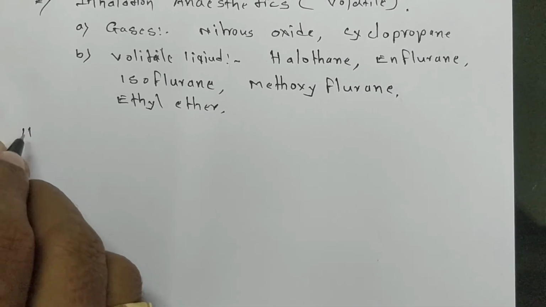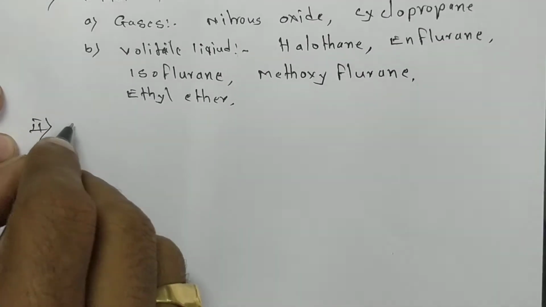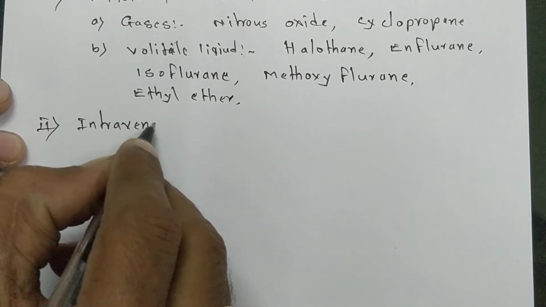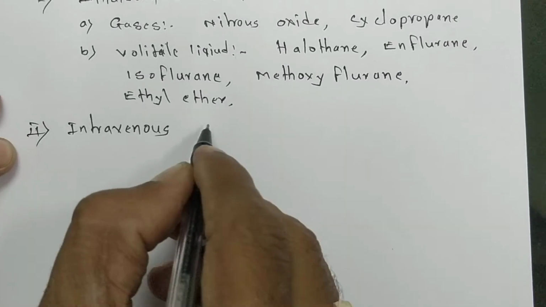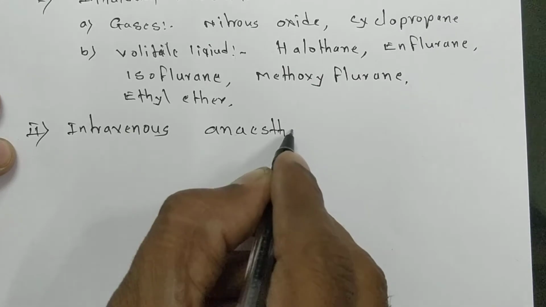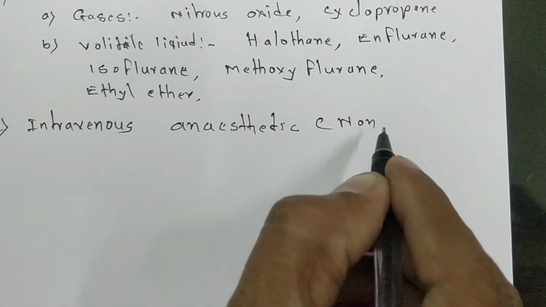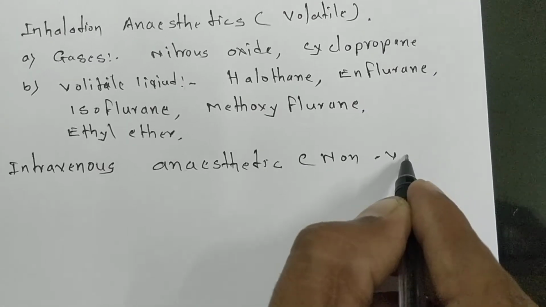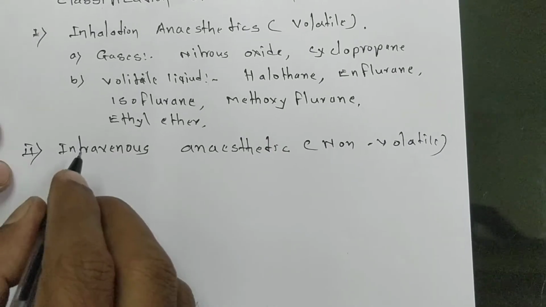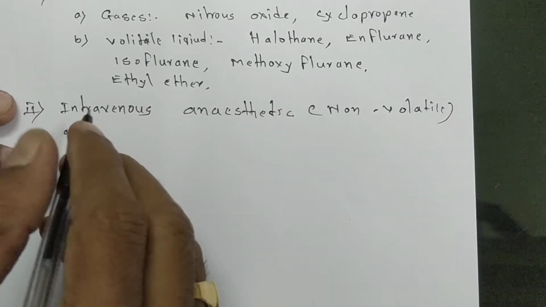And the second type, intravenous anesthetic, is also known as non-volatile. Again this class is divided into two types.